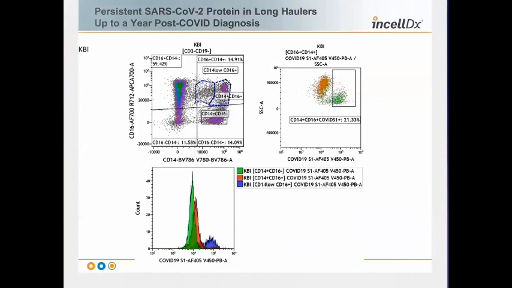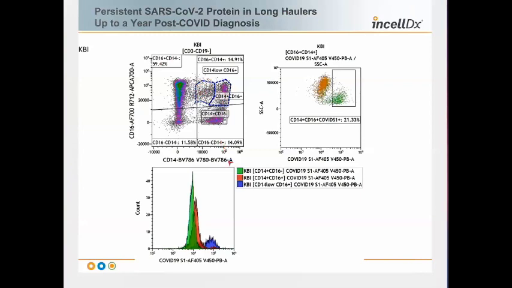We did a profile using a SARS-CoV-2 antibody in addition to our monocytic subset analysis, and we identified the three populations of monocytes: the CD14 high, CD16 negative population, the CD14, CD16 dual population, the CD14 low, CD16 positive population.